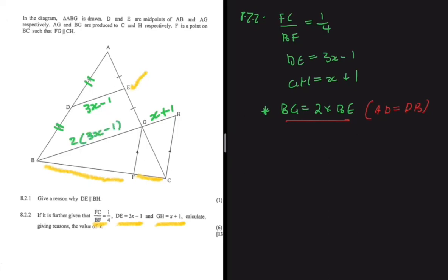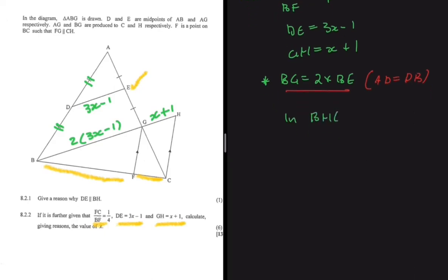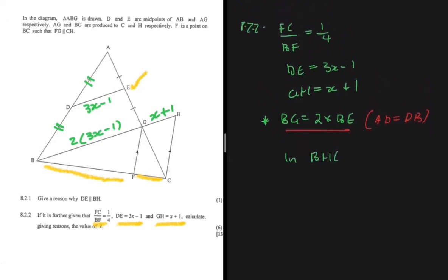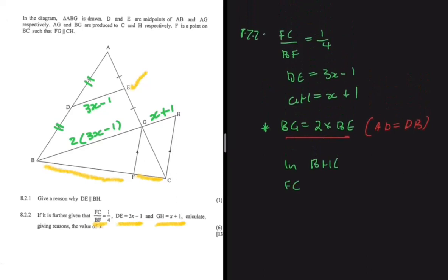right? So now using that triangle BHC, we can say that in triangle BHC, FC divided by BF should be equals to GH divided by BG. And why are we saying that?